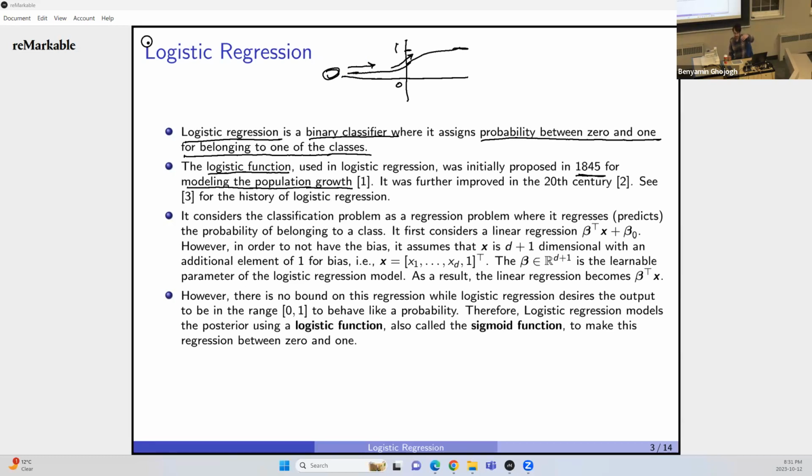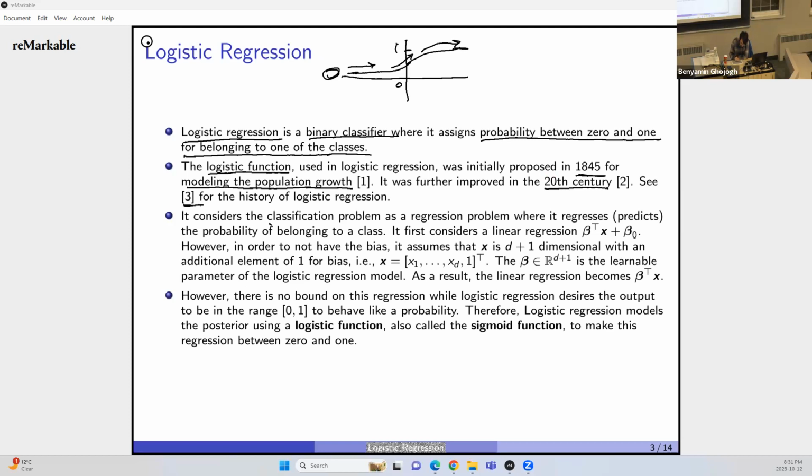Because of these, some people die, right? And the population stagnates. That's the reason that it can model population. The logistic function was further improved in the 20th century. You can see reference 3 for the history of logistic regression, right?